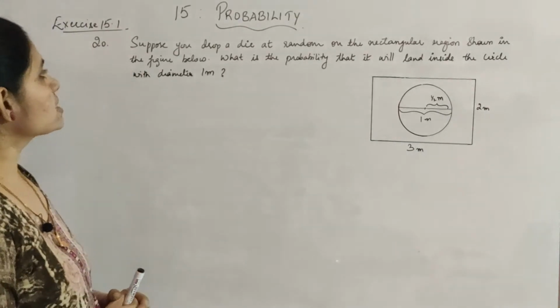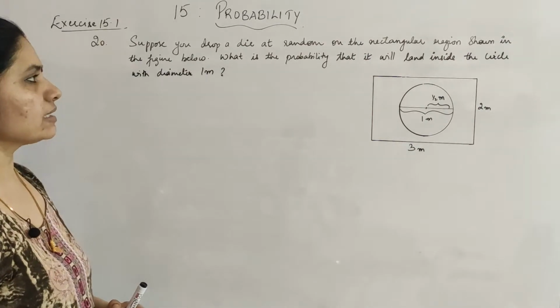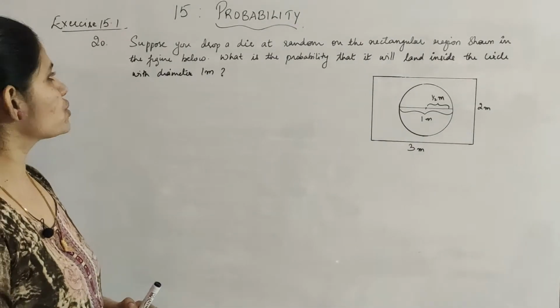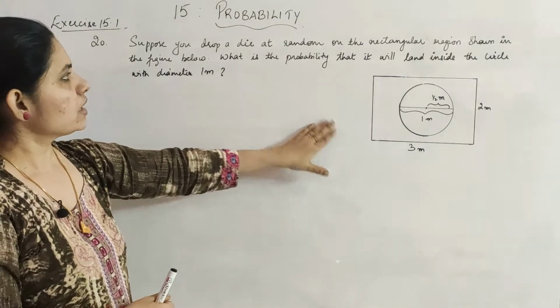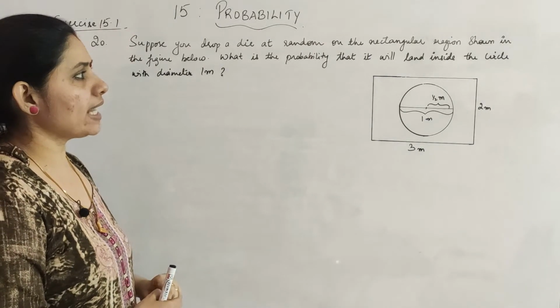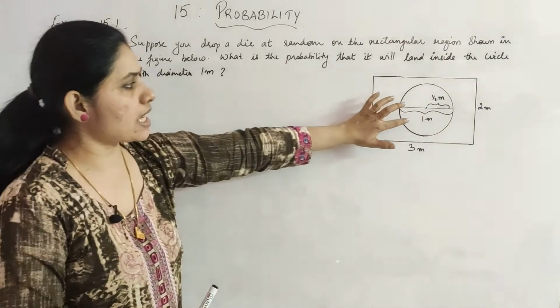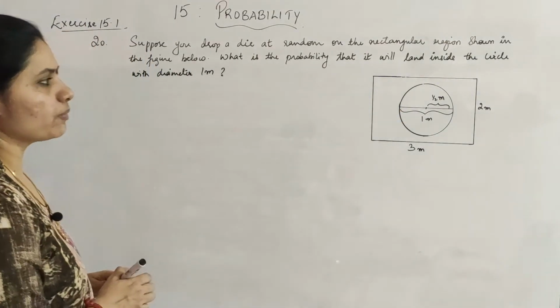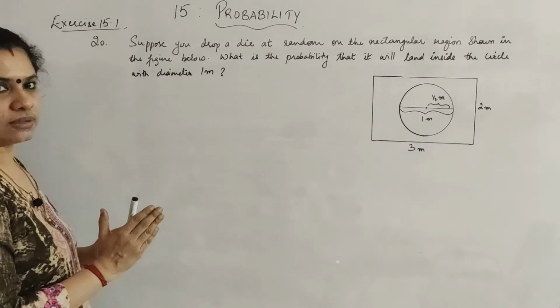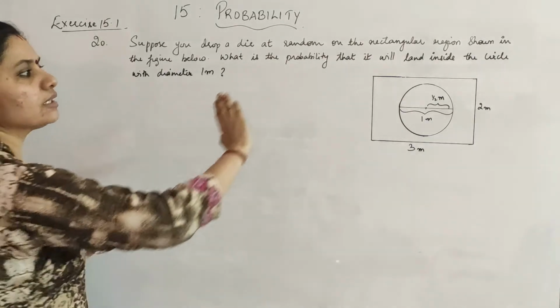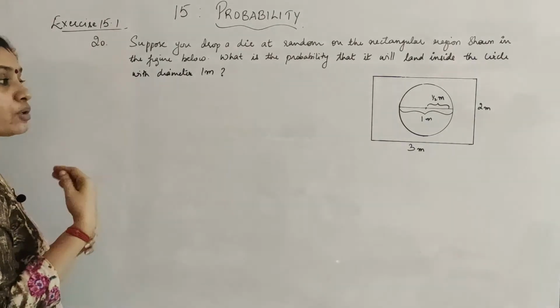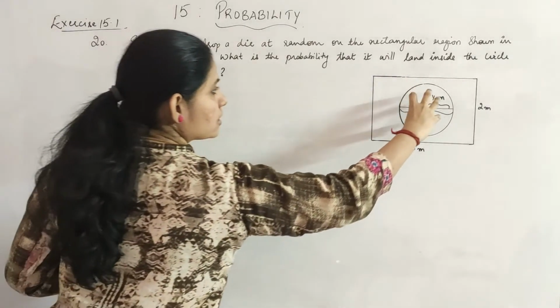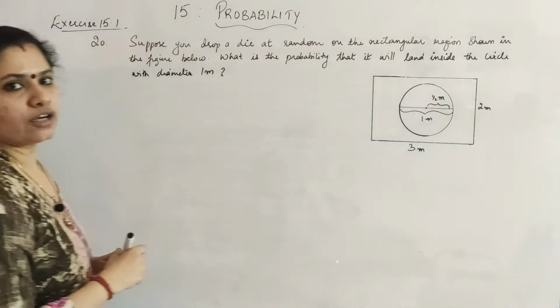Question number 20 is, suppose you drop a die at random on the rectangular region shown in the figure below. What is the probability that it will land inside the circle with diameter 1 meter? So how will you do this problem is, the total outcome will be not in numbers, it is actually the area. Again, the possible or favorable outcome is the circle, that means the area of the circle.